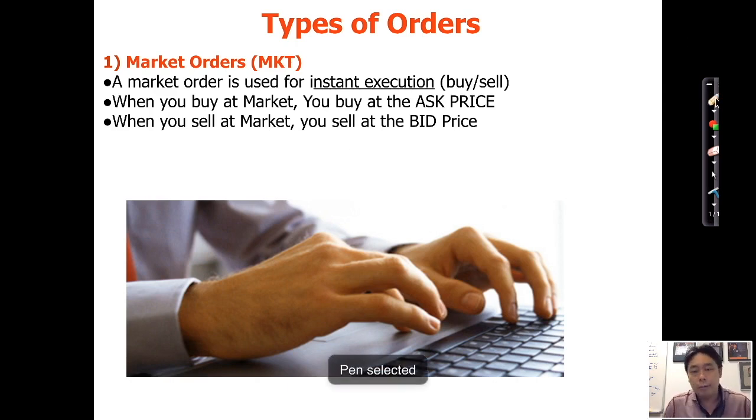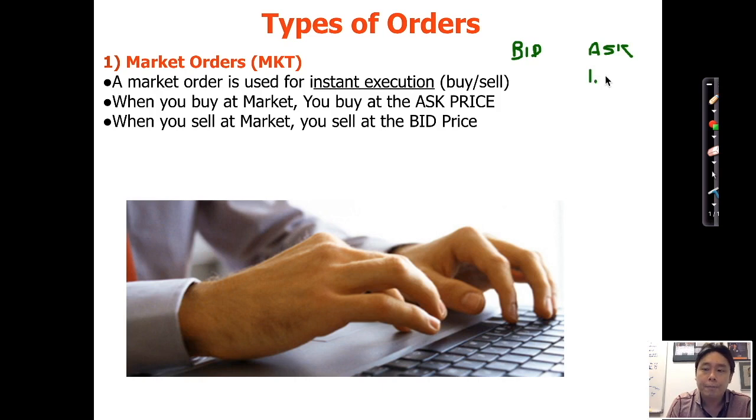Recall, when you look at your screen, you're going to see two prices. You're going to see the bid price and you're going to see the ask price. Okay. Now the ask price is always higher than the bid price. So for example, if you're looking at the Euro USD, ask price could be 1.2010, okay, and the bid price could be 1.2009.